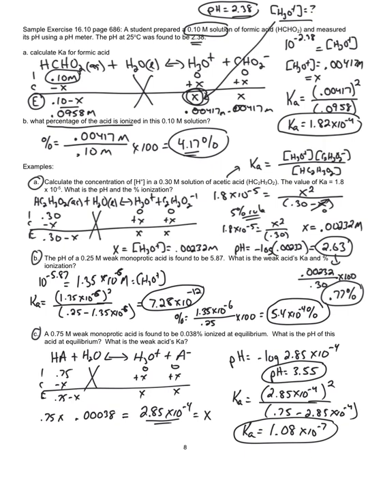All right, looking at the problems here, again, in a typical weak acid problem, you've got the weak acid plus water produces hydronium and the conjugate base. Again, usually the molarity is given and the initial concentration of the hydronium and acetate are 0, 0.